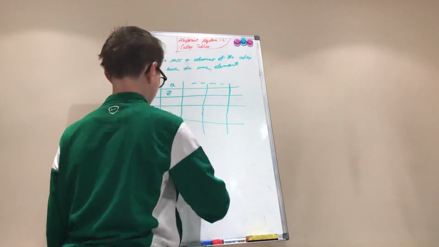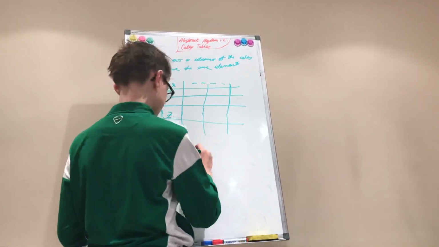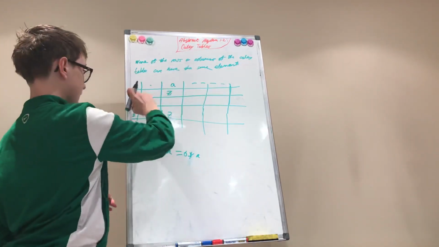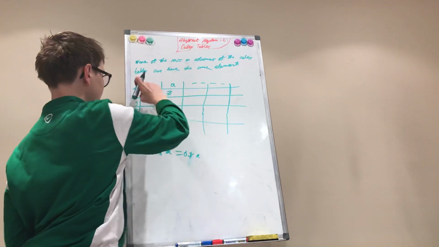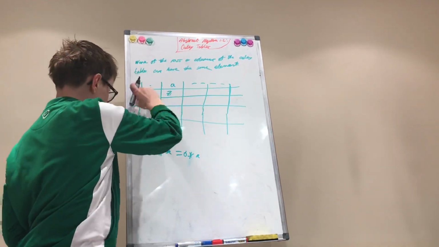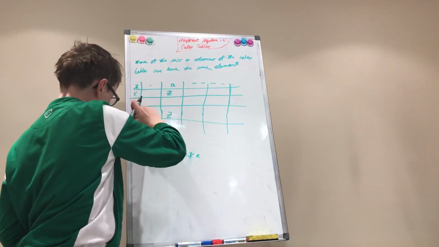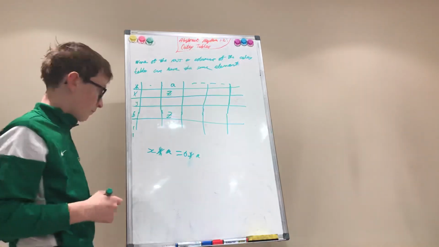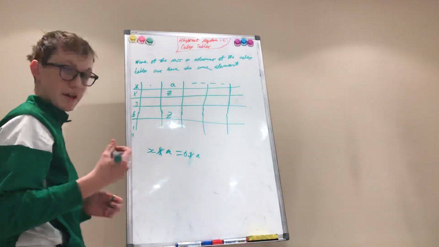I'm just going to say times because that's so much easier for me. Because X and A, this is the operation: X asterisk A equals Z. But then B asterisk A equals Z, okay? Now multiply both sides by A inverse.